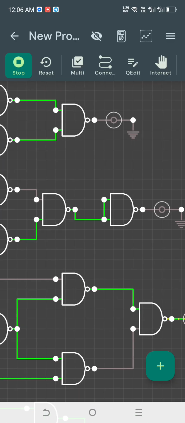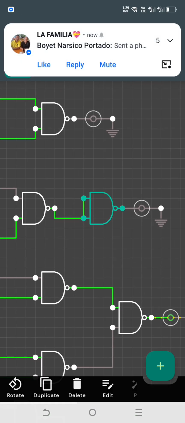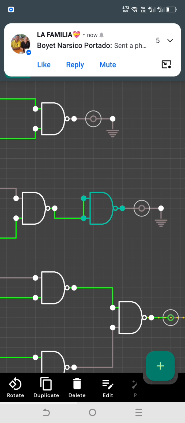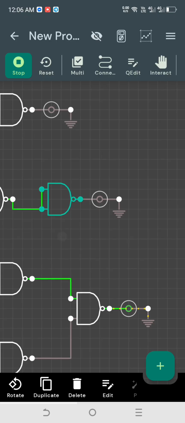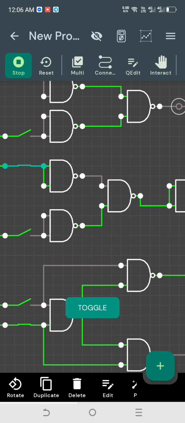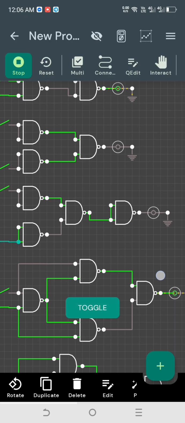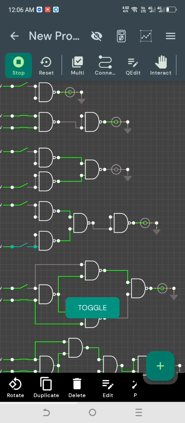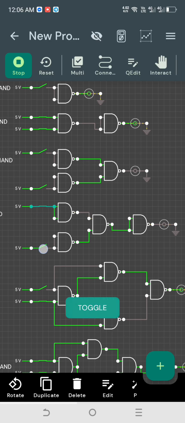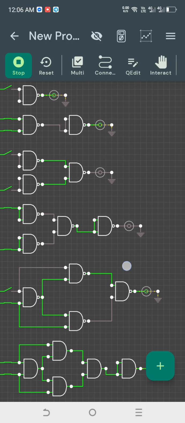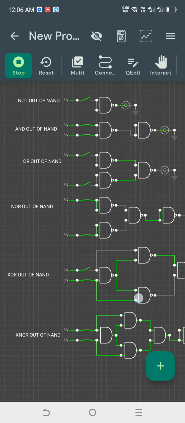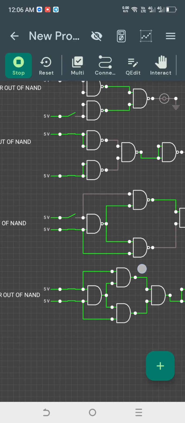What will happen next is that this one has both inputs 1, so the output is 0. That's why it will not work. See right there. Now if I turn this off, it will work. If I turn this on, it will not work.